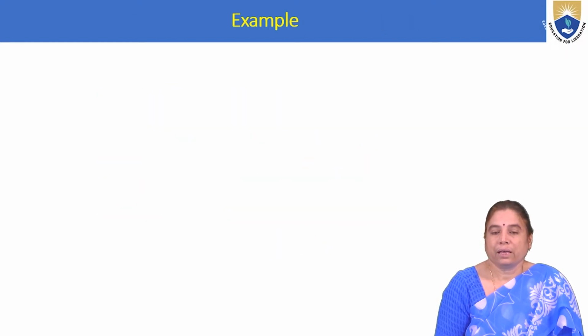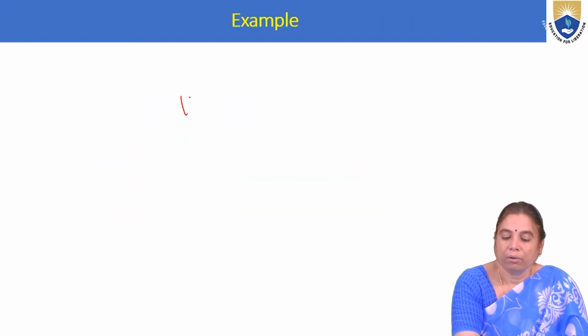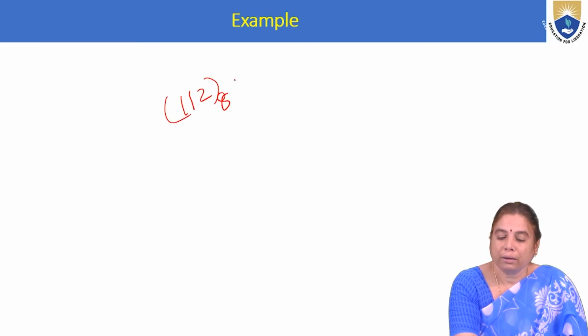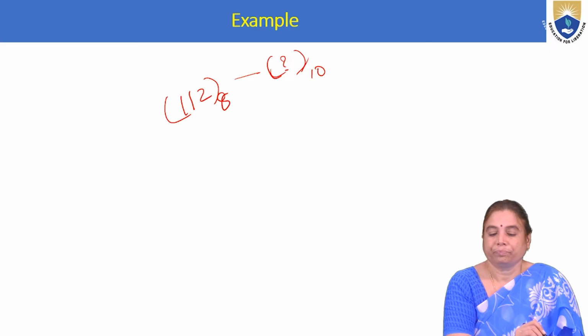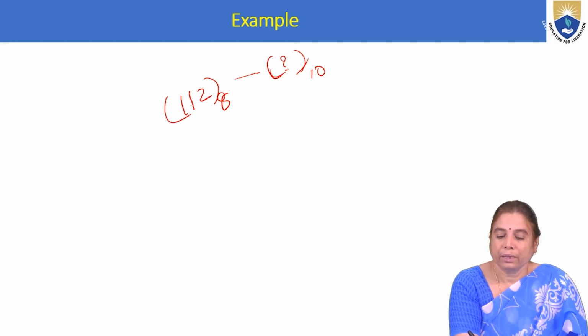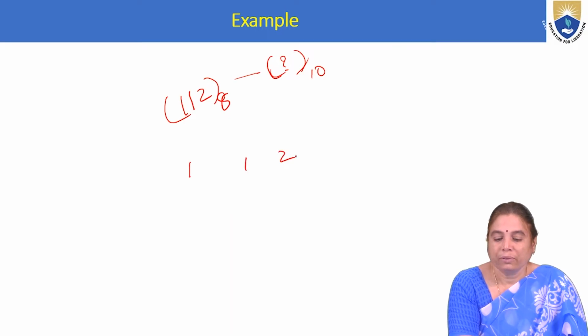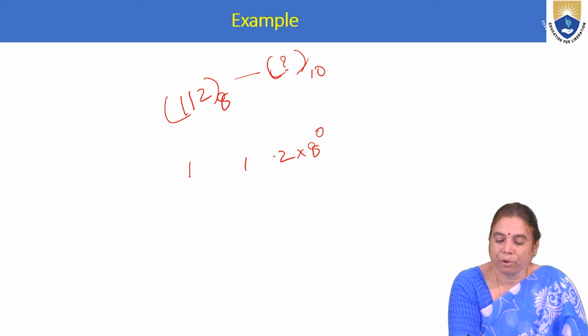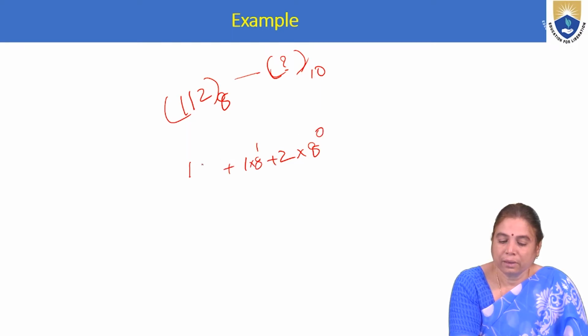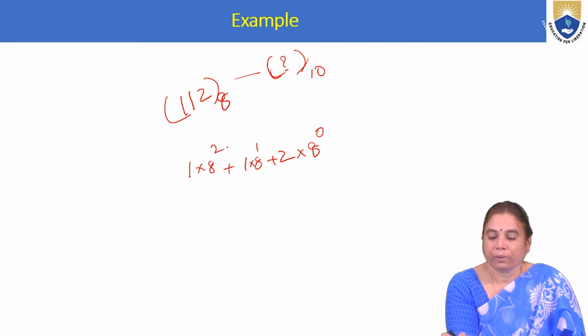So now consider an example: 112. This is the octal number, and what is the decimal equivalent of the number? Okay, so here the digits of 112 have to be multiplied with the place values 8 power 0 plus 8 power 1 plus 8 power 2.